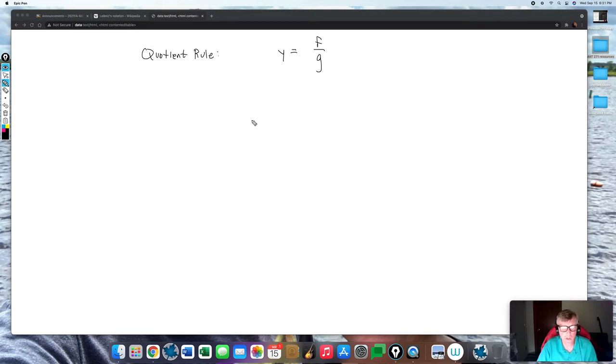Of course, we're assuming g is not 0. But here's how this works out. So it's low d high, derivative of the high, minus high d low over low squared.